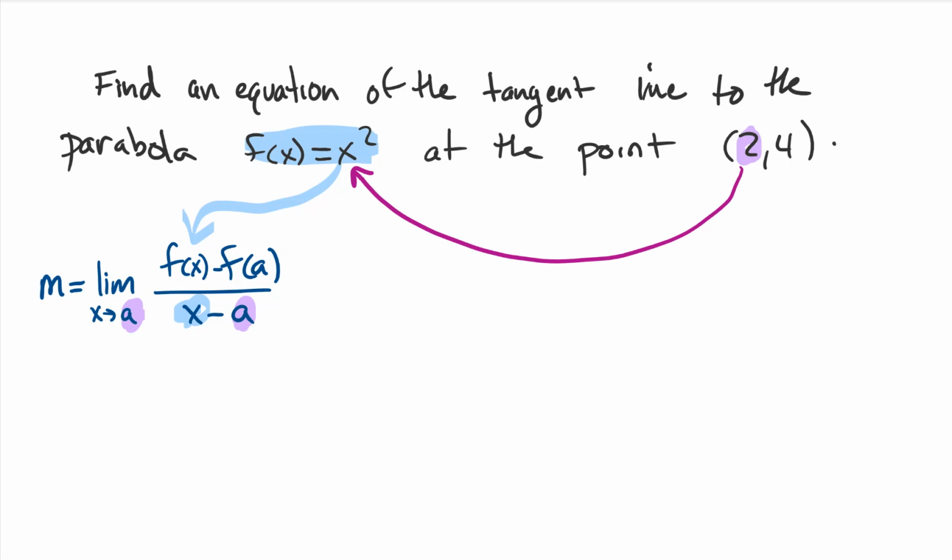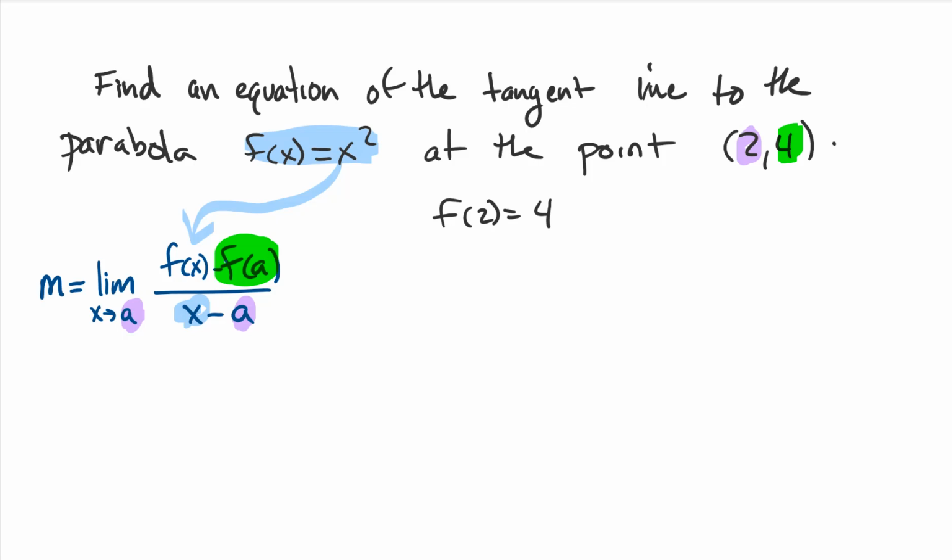What happens when you plug 2 into x squared? You get 4. That's f of 2. So f of 2 is equal to 4. That's saying when you plug in x into your function, it pops out 4.